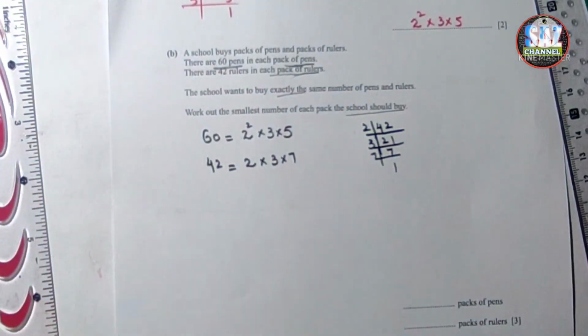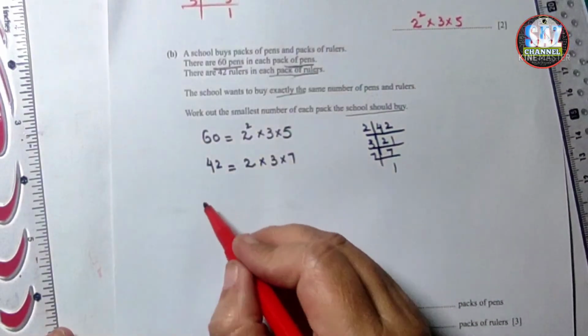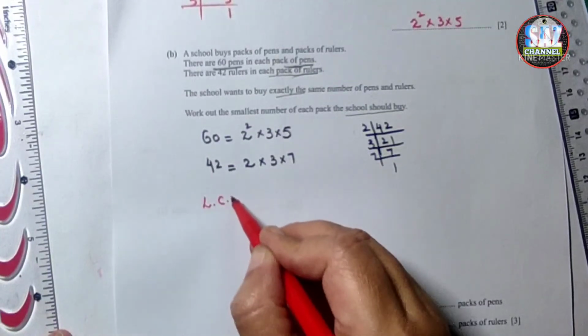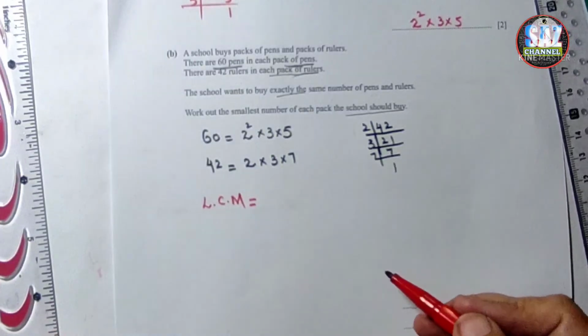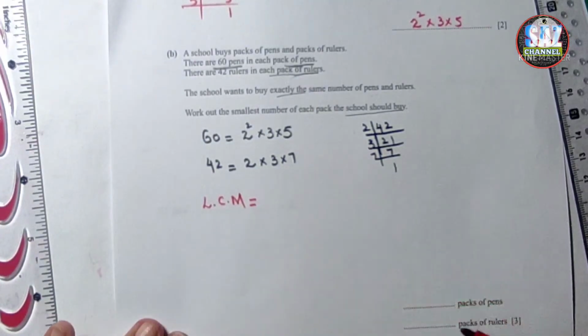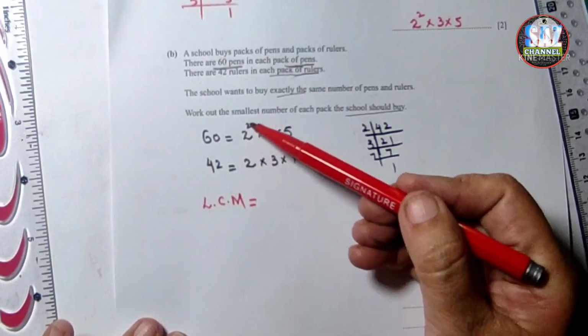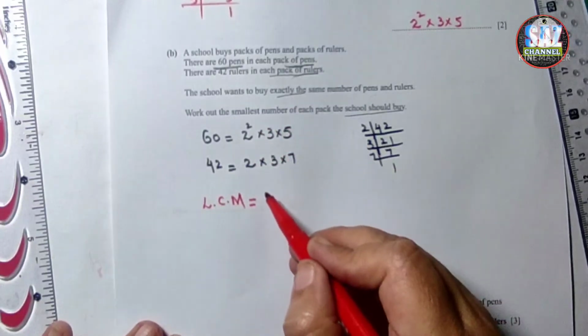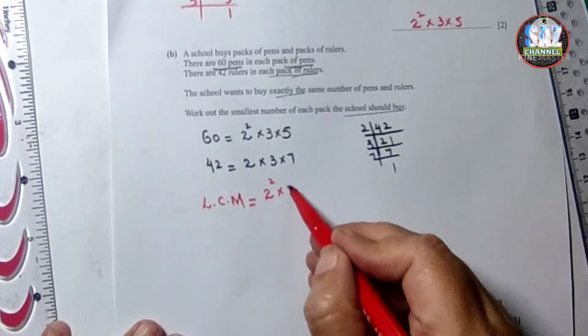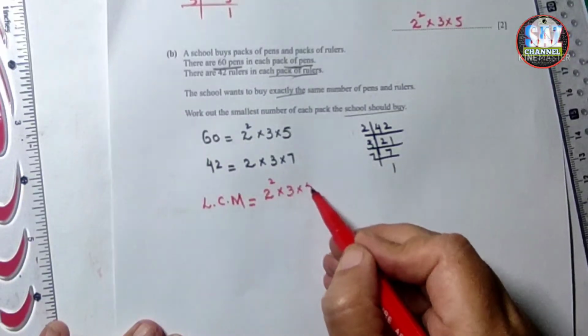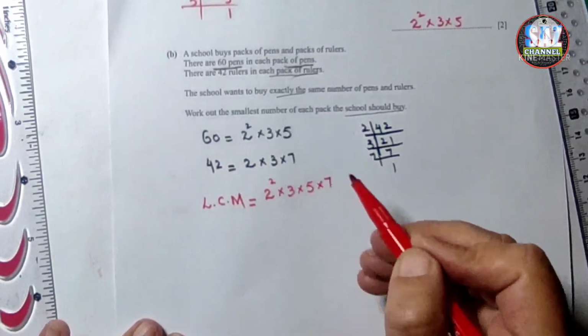Now first of all, we have to think about the LCM of 60 and 42. The LCM will help us decide how many boxes of pens and rulers we have to buy. So for the LCM, from the 2's we take the bigger power, 2 squared. 3 is the same, multiplied by 5 multiplied by 7.